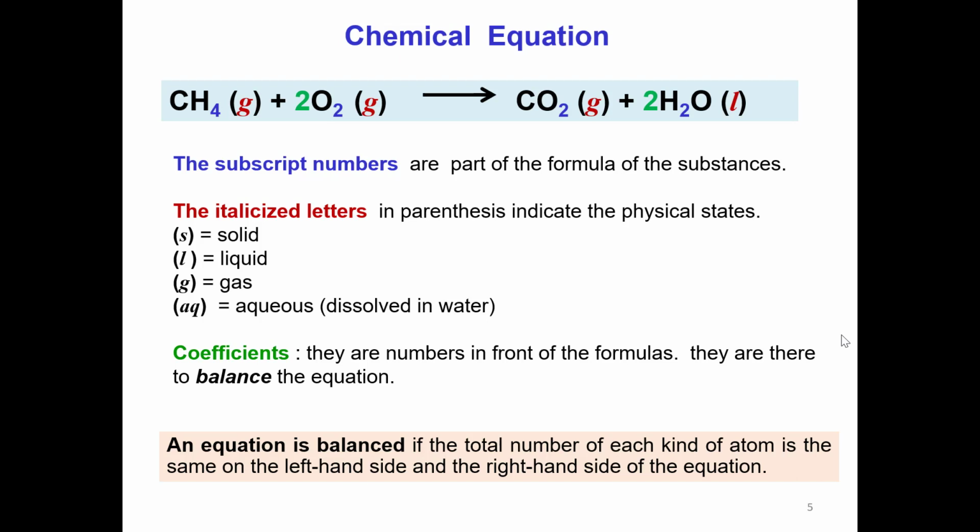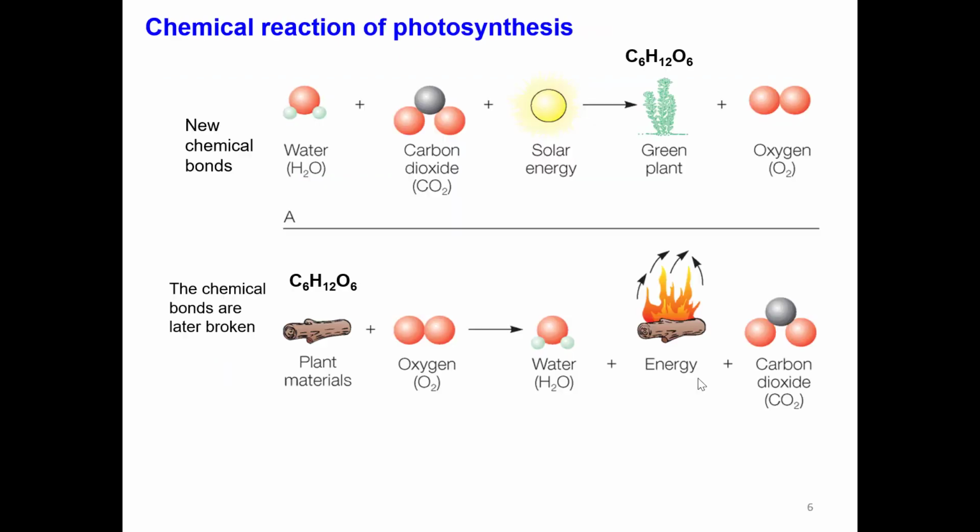Also, it is important to know a chemical equation is balanced if the total number of each kind of atom is the same on the left-hand side and the right-hand side of the equation. One example of a chemical reaction is photosynthesis, when water reacts with carbon dioxide plus solar energy, they produce glucose plus oxygen.